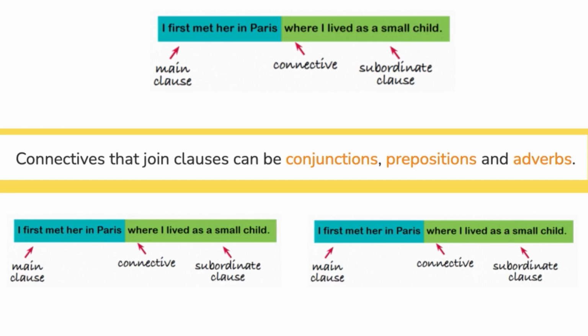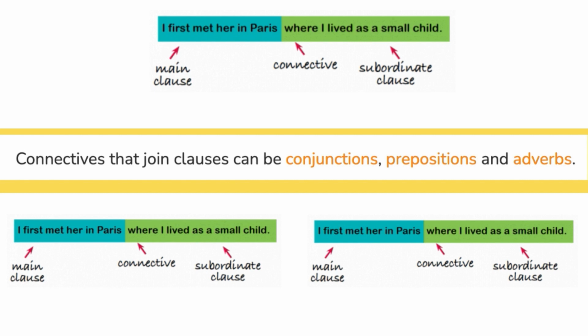So connectives are ways that we join clauses together. And we also can use some kind of connectives to join phrases together or words together. But today we're talking about how to join clauses together. Connectives that join clauses can either be conjunctions, prepositions, or adverbs.